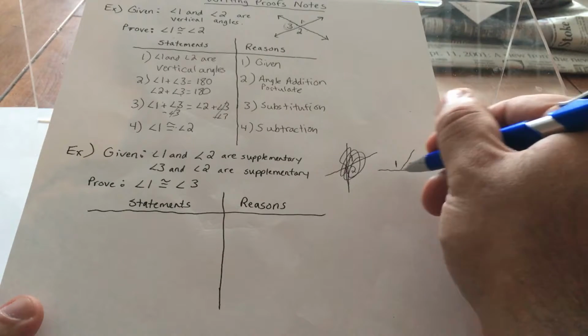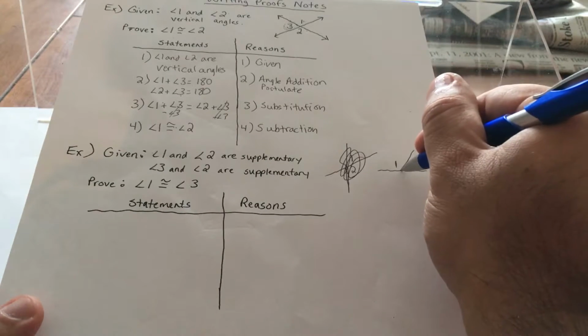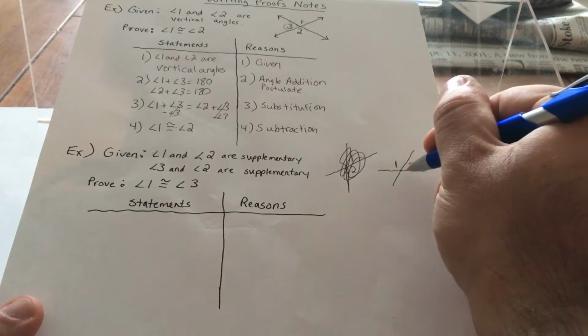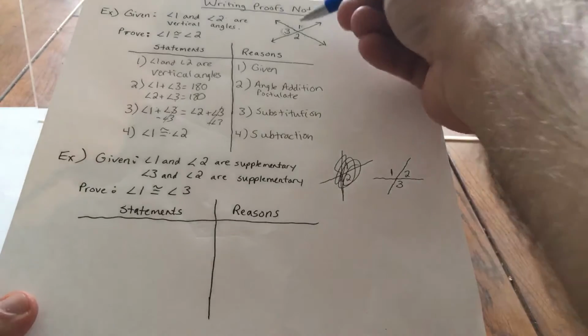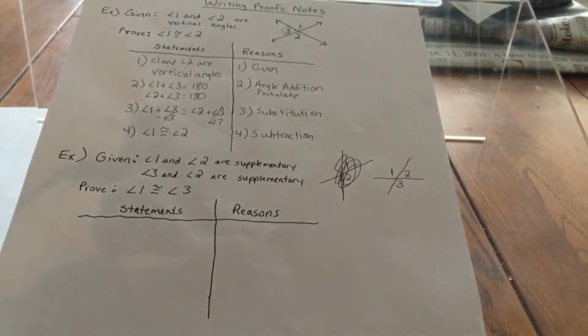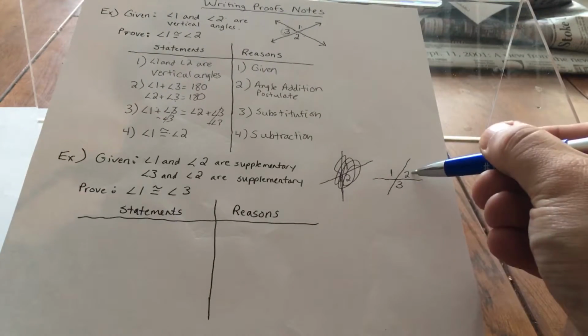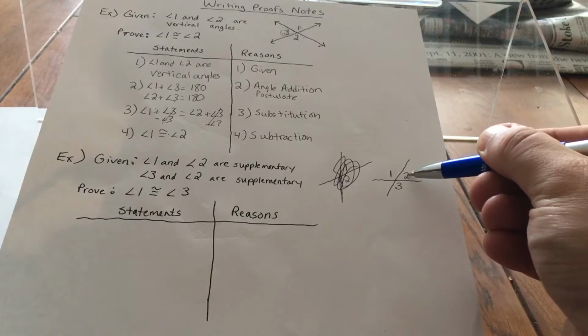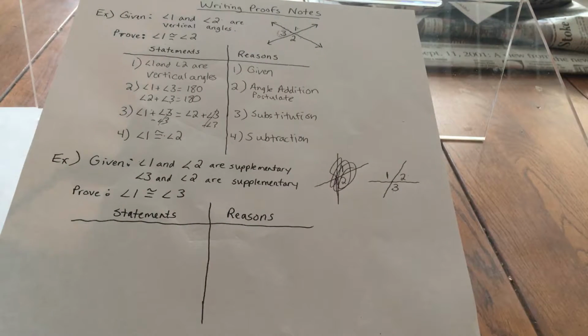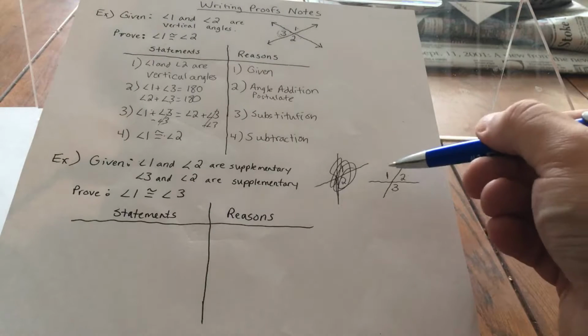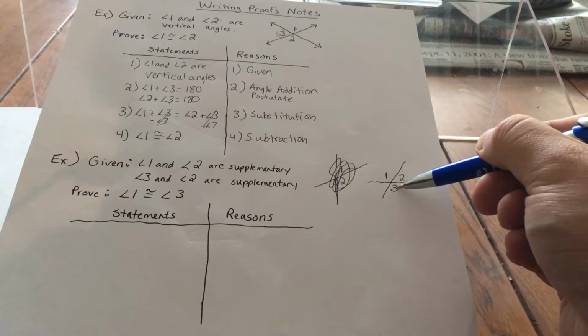So these two angles come together to make a line. And then angle 2 and angle 3 are supplementary as well. So your drawing is going to be very similar to this one. That's what your drawing might look like. Angle 1 supplementary to angle 2, and then a supplementary to angle 2 would be angle 3, so it'd have to come down there. They want us to prove that angle 1 is congruent to angle 3.